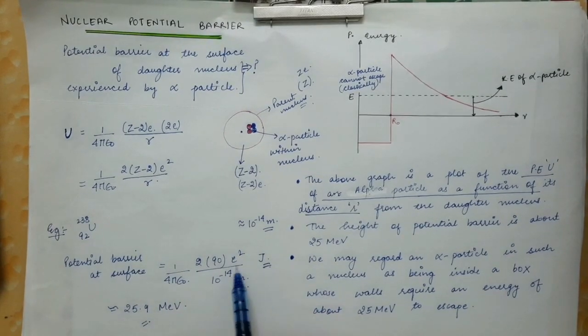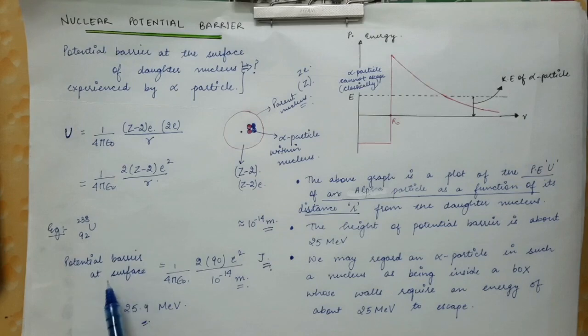First this term comes out in joules, then you convert it into electron volts. So you get the potential barrier at the surface as about 25 mega electron volt for the case of heavy nuclei.